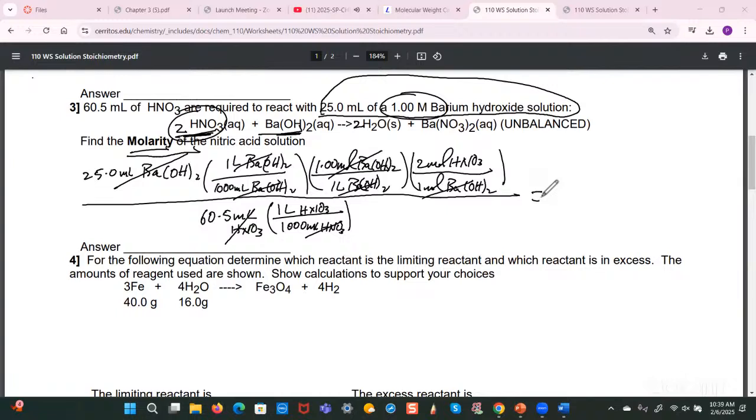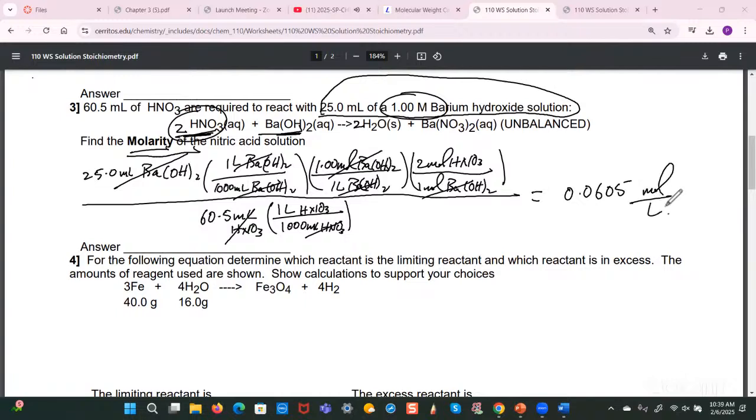So let's see what the answer is. 25 divided by 1,000 times 1 times 2, and then divide by 60.5 divided by 1,000. And the answer I got is rounded off to 0.0605, and the units here will be moles per liter.